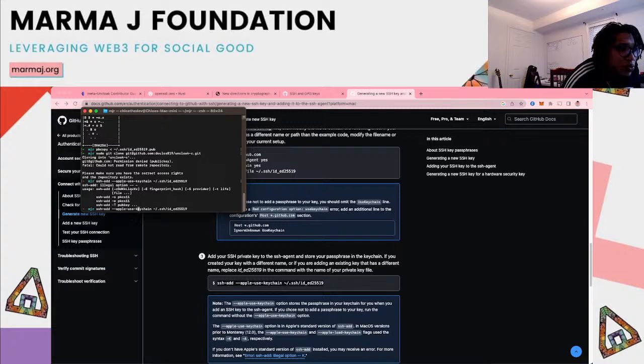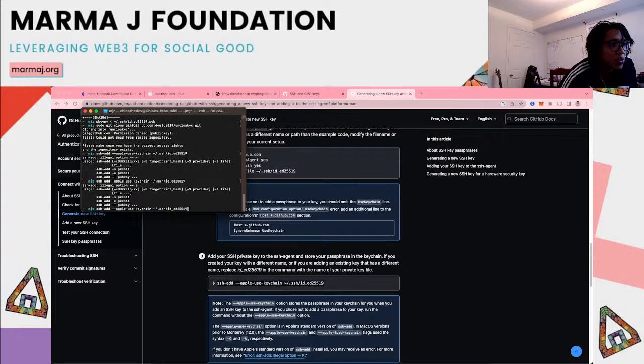Apple use keychain. That's weird. ssh-add fingerprint hash provider. Isn't that the provider then? Maybe just one dash? Nope, that's not gonna work.